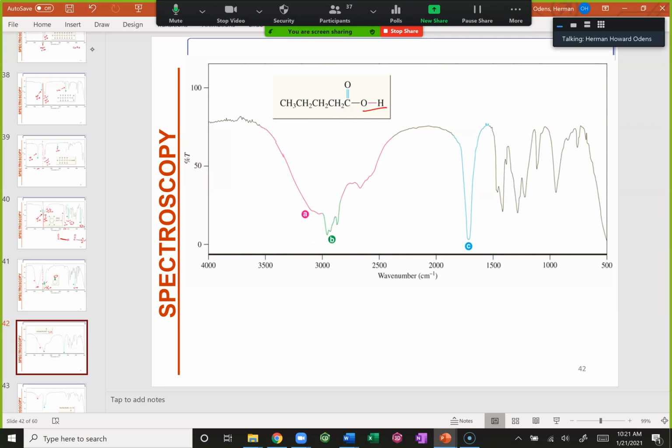So here we have a carboxylic acid. You can recognize it by the V shape of it. Again, feel free to go ahead and cut the magic line. So right here, this portion, well, this is kind of hard.